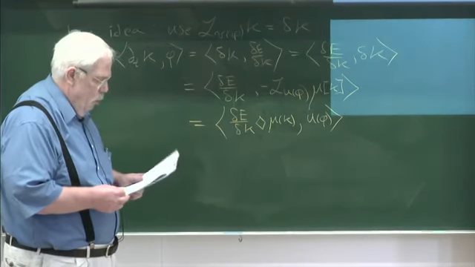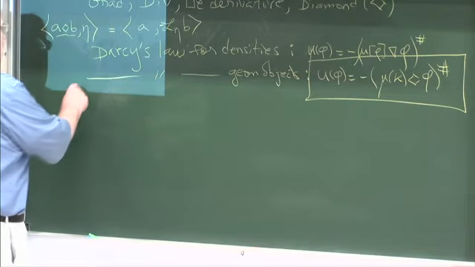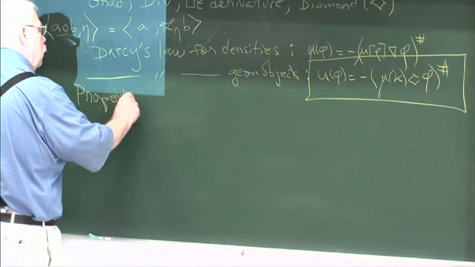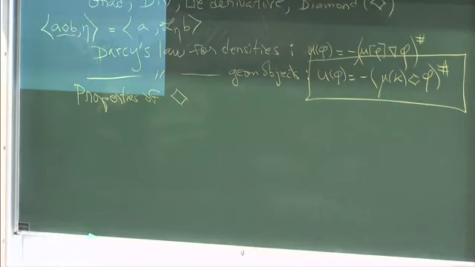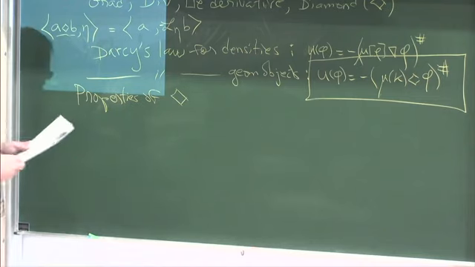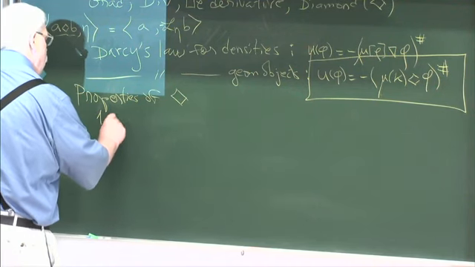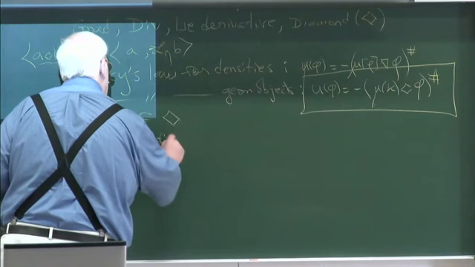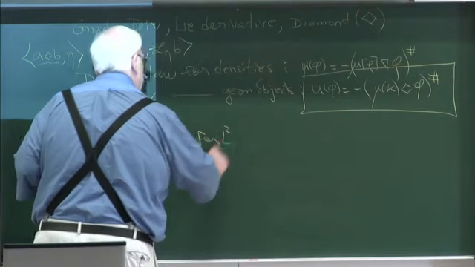And let me mention some of the properties of diamond, so we can compute with it. Properties of the diamond operation. It's much like you compute them by integrating by parts. One, diamond is antisymmetric for L2 pairing.